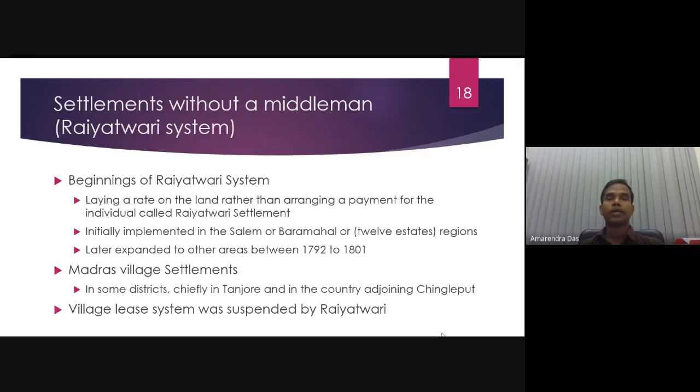Initially it was implemented in the Salem or Baramahal or the 12 states region, and later it was expanded to other areas between 1792 and 1801. And there is also the Madras village settlement in some districts, chiefly in Tanjore and in the country adjoining Chingleput. So in Raiyatwari, there are individuals who will pay a fixed rate to the British directly, and there is no middleman in this Raiyatwari system.